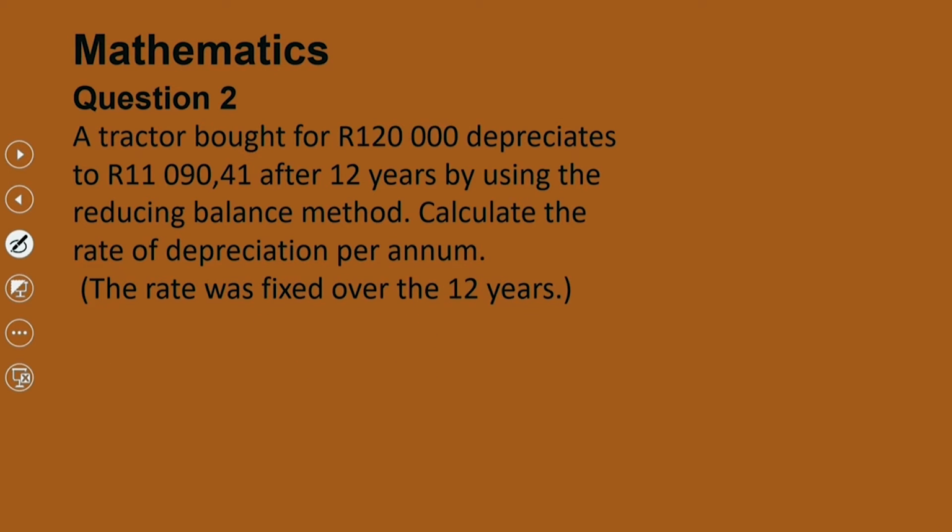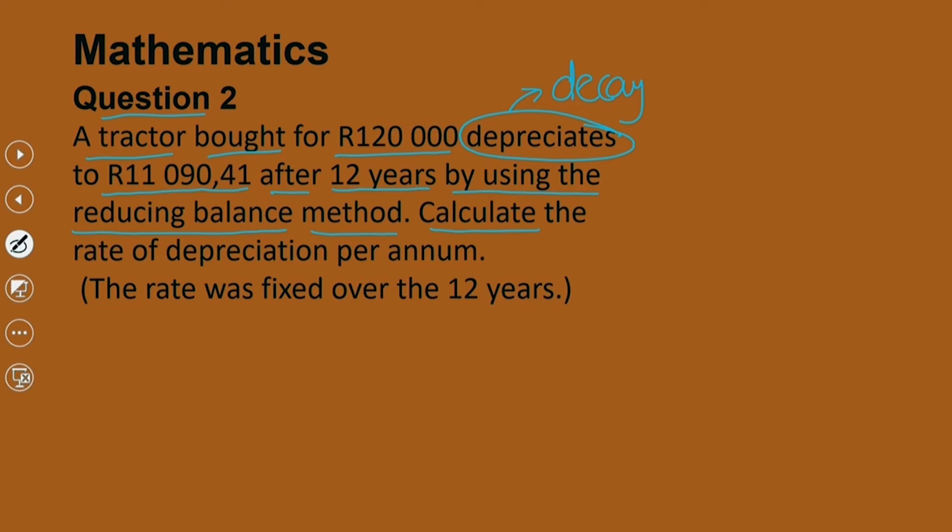Question 2 has been given to you here, and it states a tractor bought for 120,000. Listen to this word, depreciates. The word depreciates tells us that we're going to be using decay. Are we together? To 11,090.41 after 12 years by using the reducing balance method.